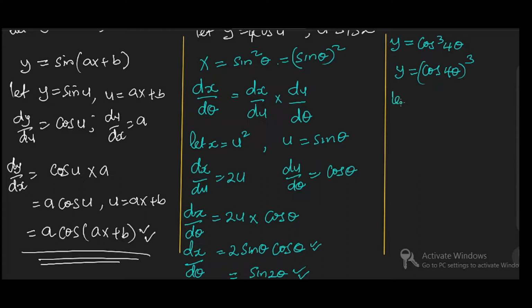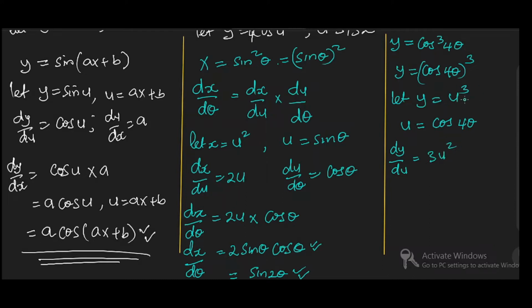So now we let y be equal to u cubed. This entire cos 4 theta will be u, knowing that u is equal to cos 4 theta. Therefore dy du will be 3u squared when you differentiate.